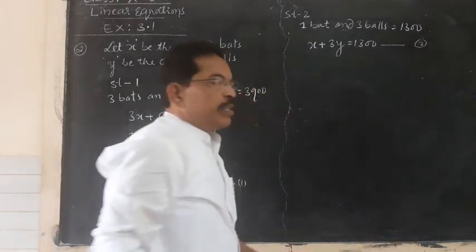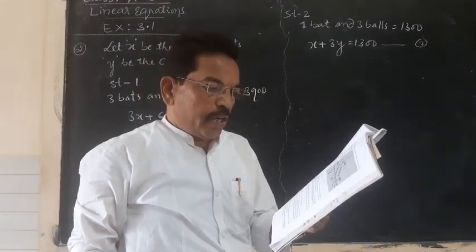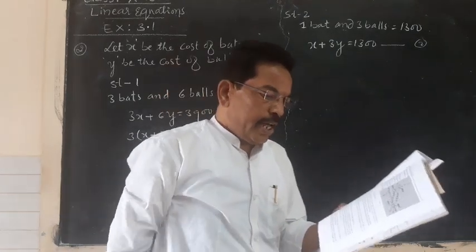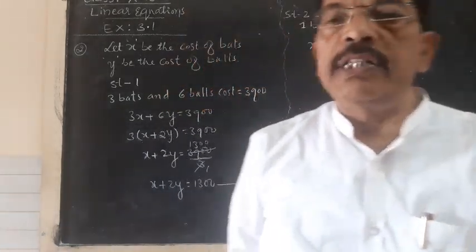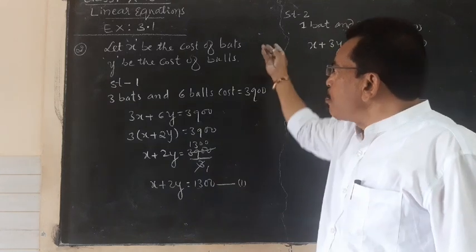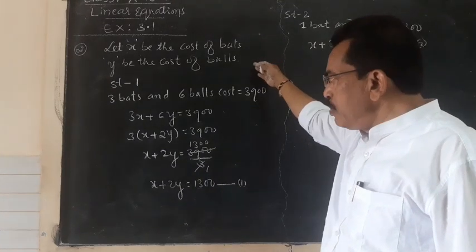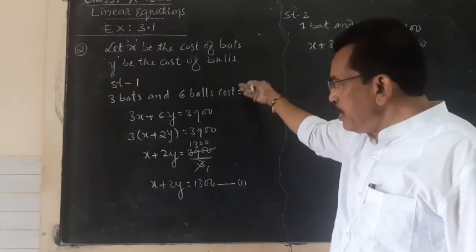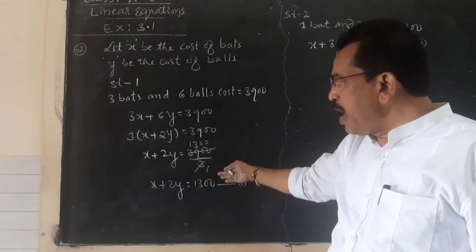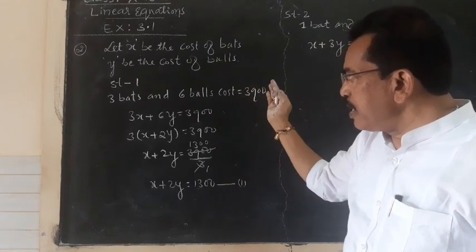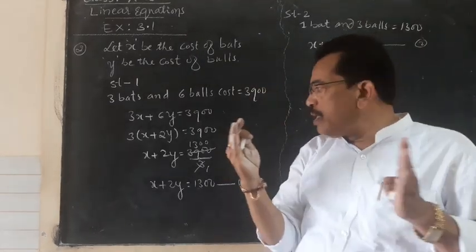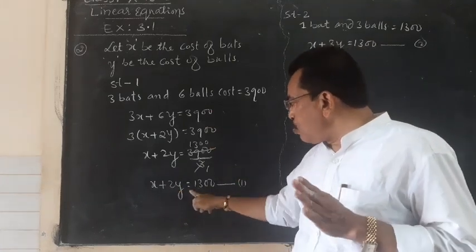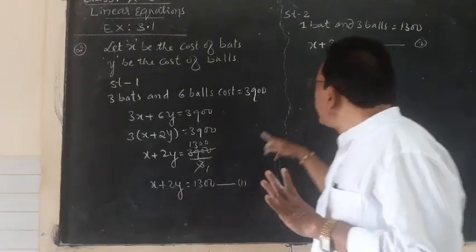Okay, so far we have represented the situation algebraically. The statement has been converted into the algebraic way. That is, the first statement will be x plus 2y equals 1,300.